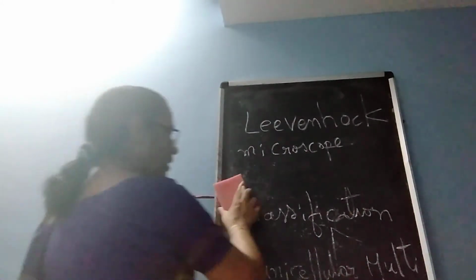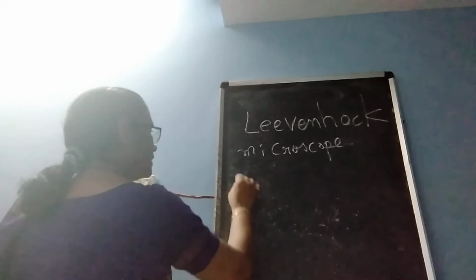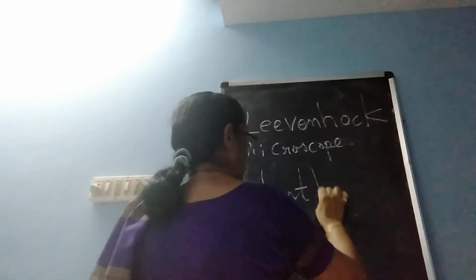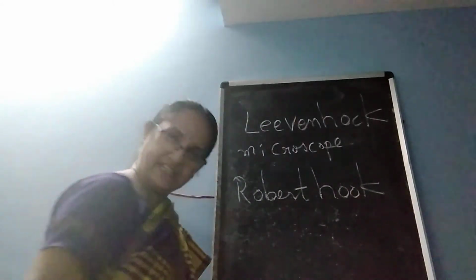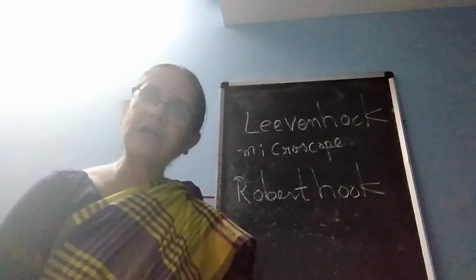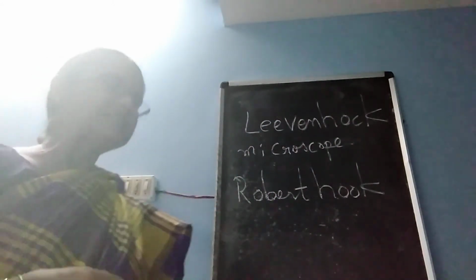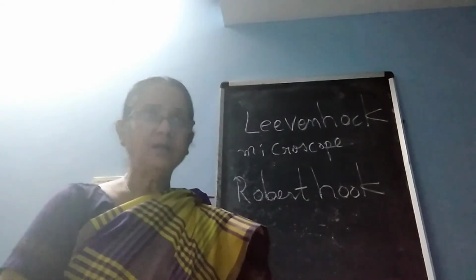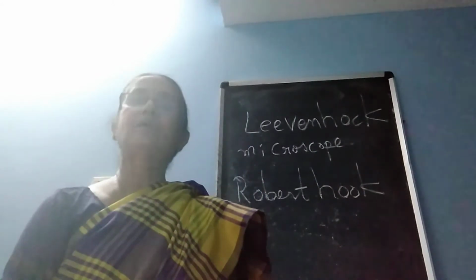Later, a scientist called Robert Hooke discovered the cell. Robert Hooke studied the cell in detail and gave a clear picture of the cell. He said that cells are arranged like the bricks in a wall or the compartments in a honeycomb.